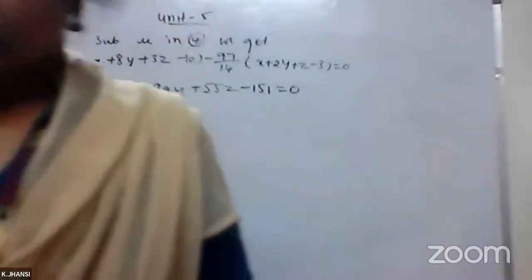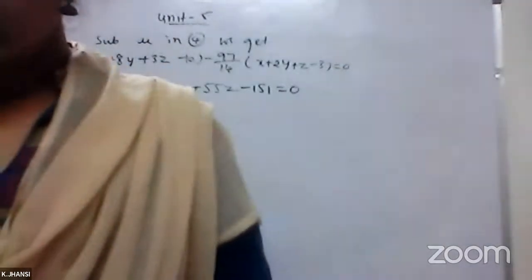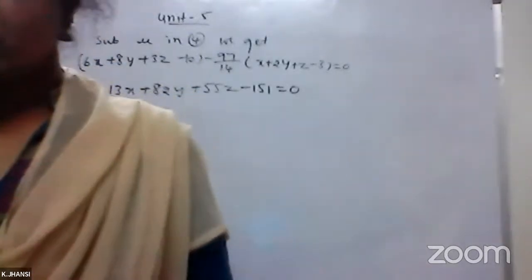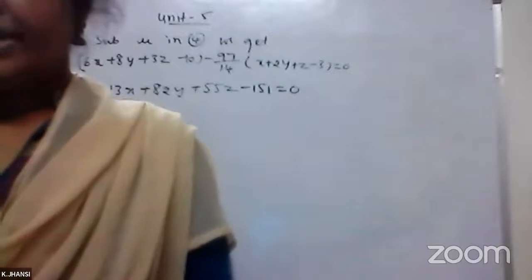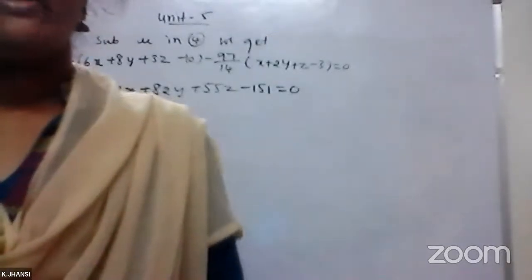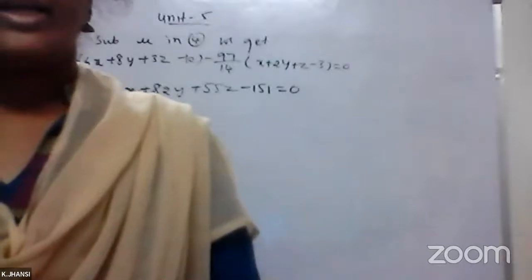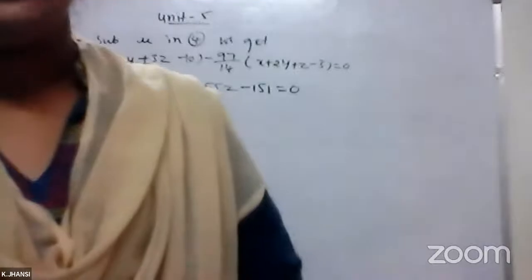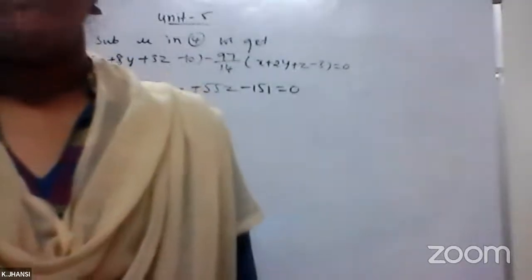Okay. So next condition is that if delta value is not equals to 0, directly if it is not equals to 0, then the three planes intersect at a point. Okay. So no need of finding the delta 1, delta 2, delta 3. If directly delta value is not equals to 0, then we can tell that the given three planes are intersecting in a point. Okay.